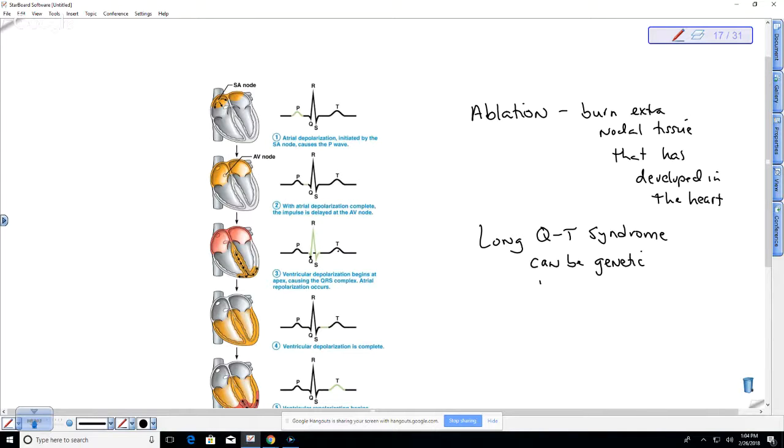And it can lead to massive heart attacks and death, even in young people. So you could be a young person in your 20s and have never had anything wrong with your heart. But if you have long QT, sometimes the heart will just go into ventricular fibrillation, and then you'll fall down and you'll die, right? So young people dying of these massive heart attacks could be due to long QT syndrome.